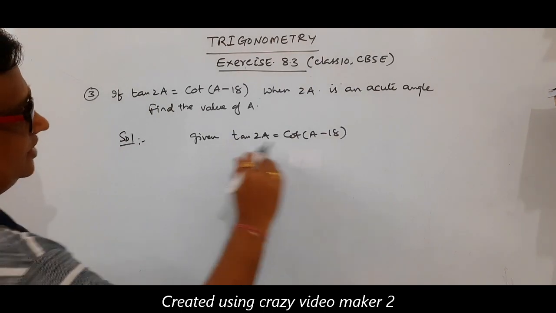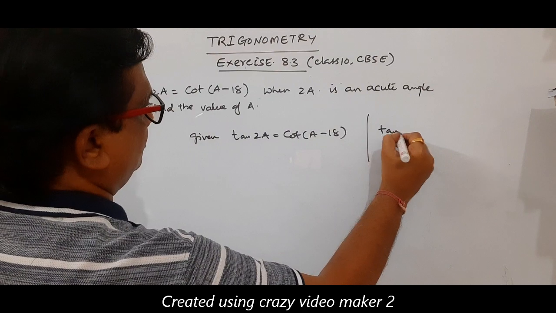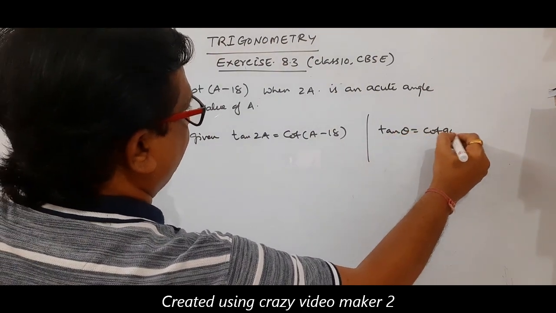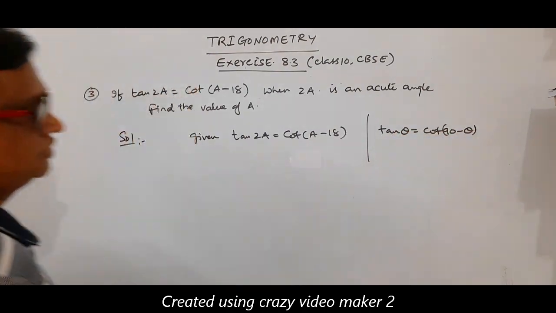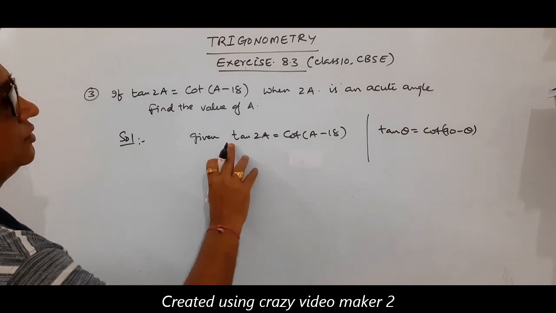Tan theta means cot 90 minus theta. So here theta is 2a, so how can we write this?